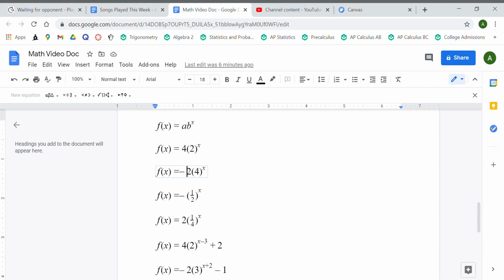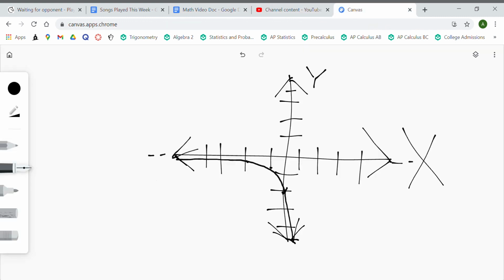Yes, transformations still exist, not just for linear and absolute value functions, okay? All right, now let's try another one.